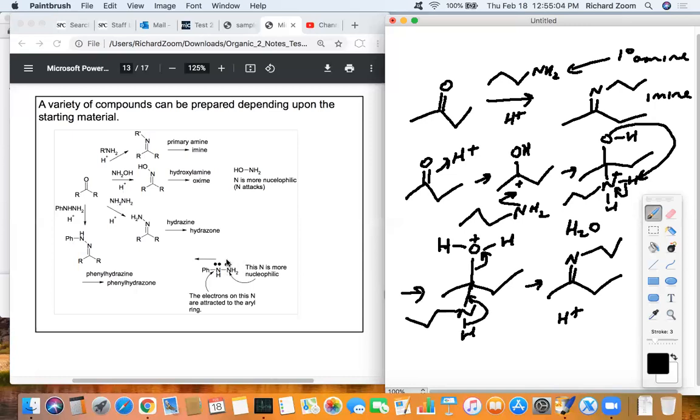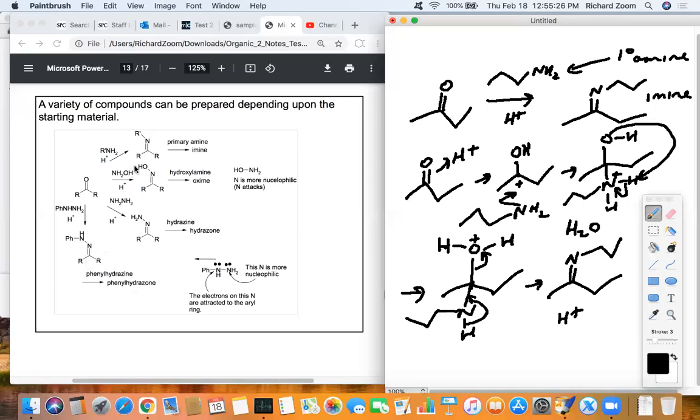The nitrogen on the end with the NH2 is a lot more exposed than the N in the middle, so this N ends up being more nucleophilic, and we end up getting the phenylhydrazone as a product.